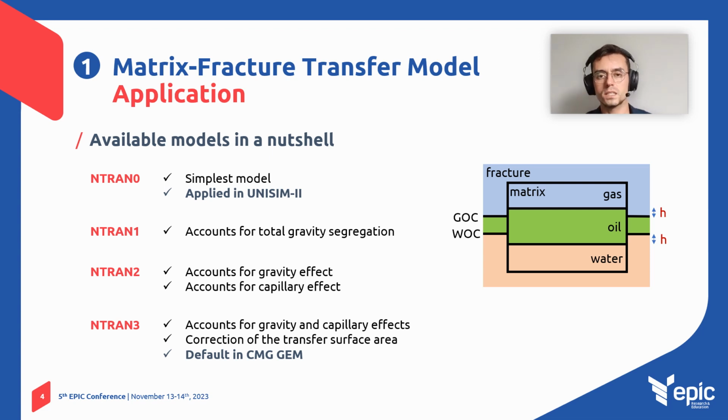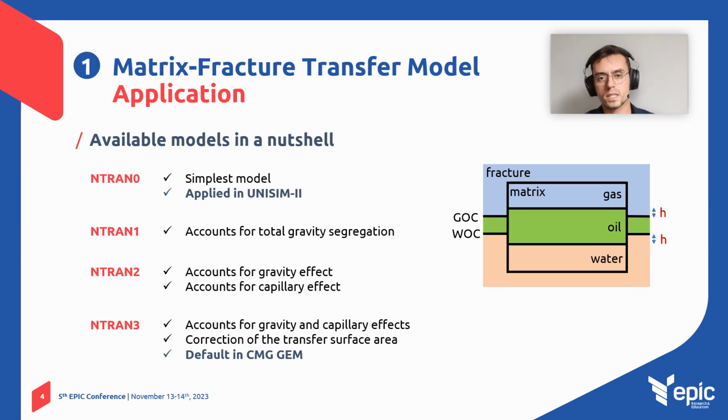It doesn't consider gravity effects, capillary effects, or any other, and it's the one that was applied in Instinct 2. Then we have Neutron 1 that accounts for gravity segregation. Neutron 2 accounts for capillary effects, and finally Neutron 3 accounts for a correction of transfer surface area.